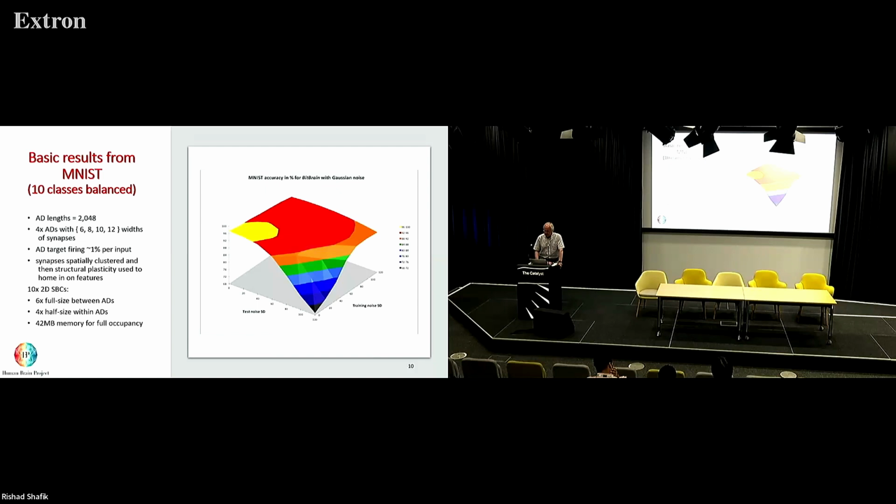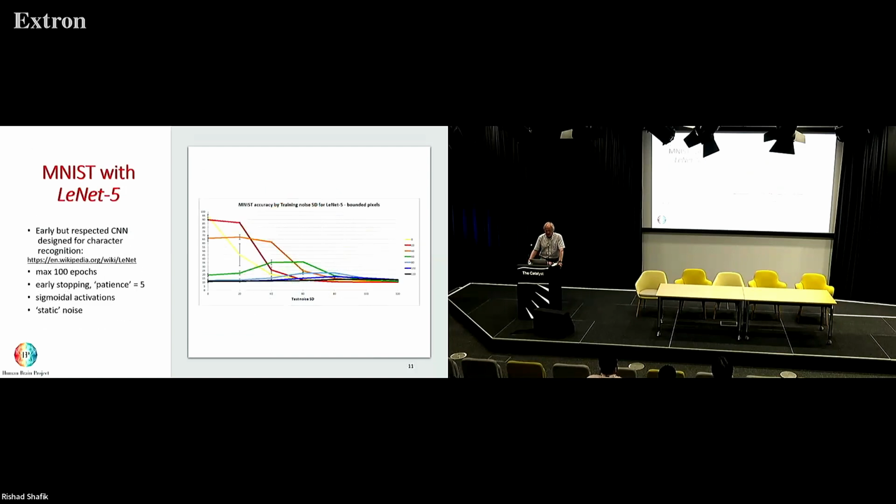Now, if we compare that with one of the older artificial nets that was used in the early days of MNIST, and that's LeNet 5, which is quite a respectable network. And this is trained over 100 epochs with various parameters that I don't necessarily understand, early stopping and static noise.